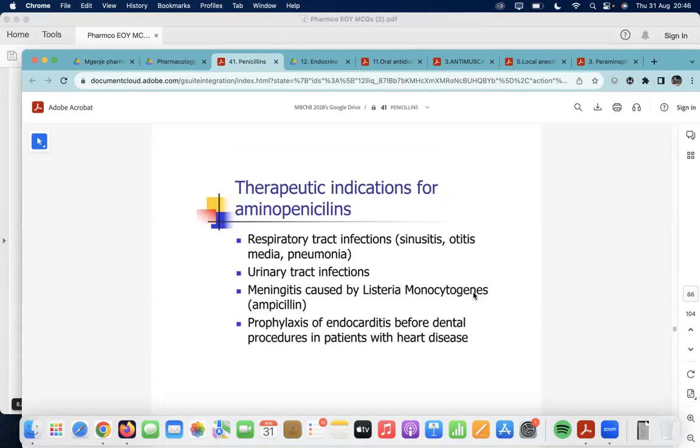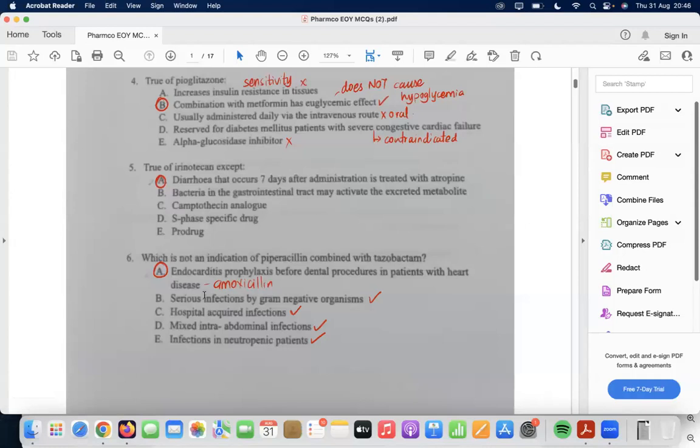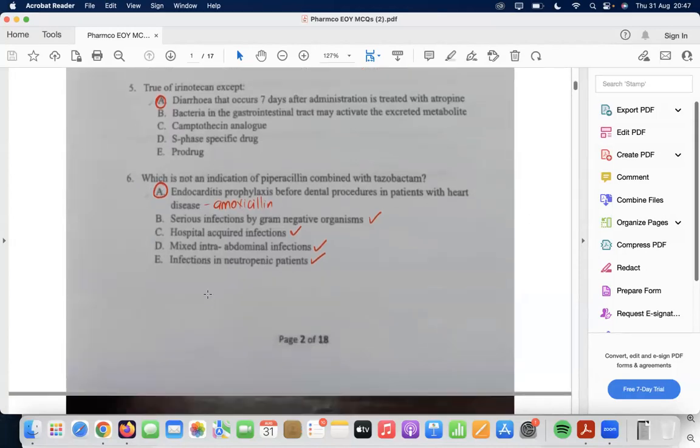It's indicated in respiratory tract infections, UTIs, meningitis caused by Listeria monocytogenes, and prophylaxis of endocarditis before dental procedures in patients with heart disease. Especially this, because it's a very specific situation. I think we've tackled number 6 enough.